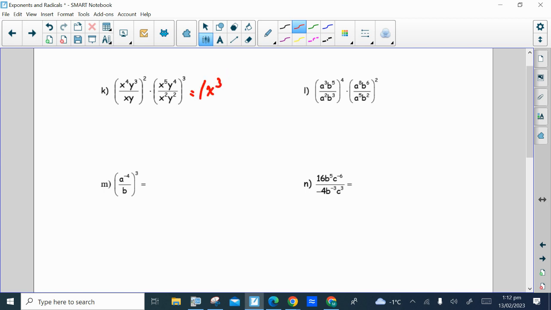And how'd you get the 3? Subtract the exponents. So what will the power on the variable y be? Yes, because 3 minus 1 is 2. And that's all to the power 2 times. So when you do the same thing for the second bracket, 5 take away 2 is 3, and 4 take away 2 is 2. So there's the first step.